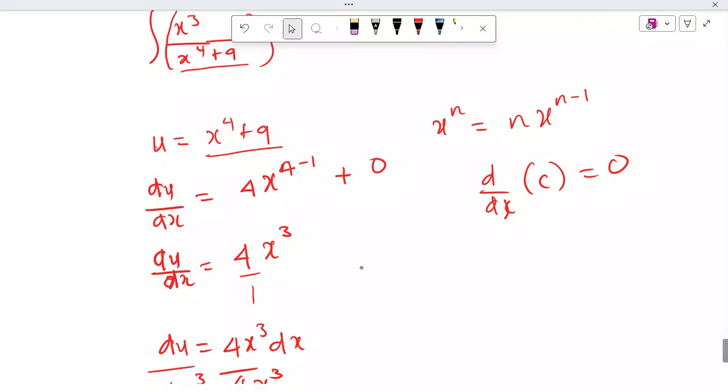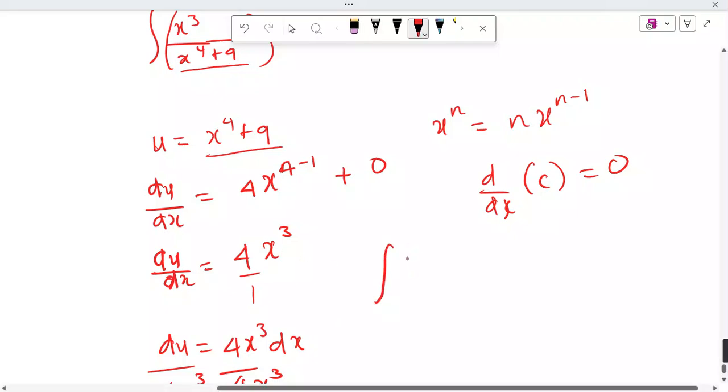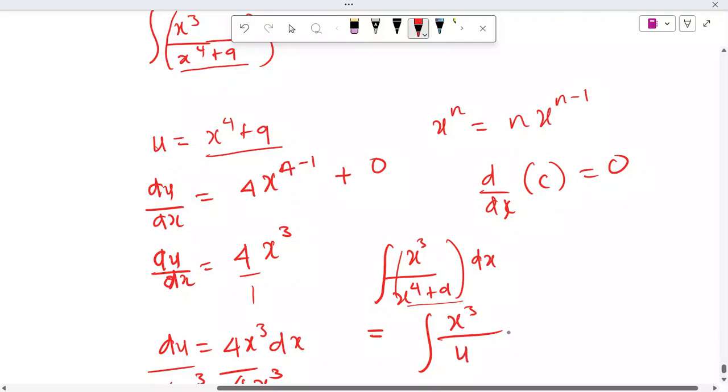So now we go back to our original equation. Our original equation is x to the power 3 over x to the power 4 plus 9 dx. Okay, so this now is written: x to the power 3 over, we've set this equal to u, so this will be u, then multiplied by dx, which is du over 4x to the power 3.